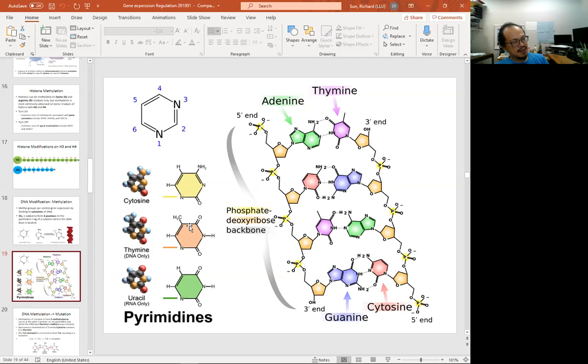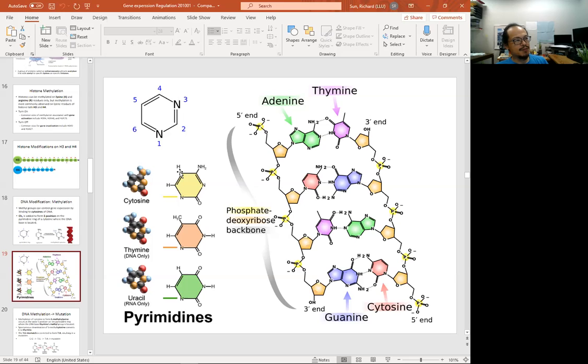Very similar, with some variety. So this is the cytosine, this is the thymine, and this is the uracil. One thing that I want to get your attention is that this is the cytosine, and this 5 position can be modified, can add a methyl group to it.